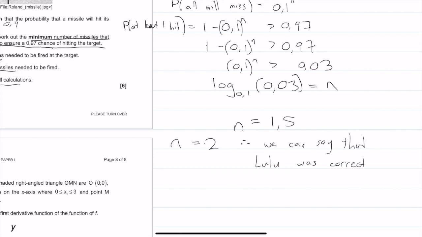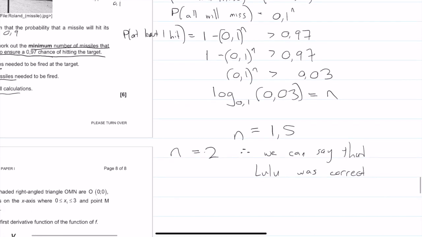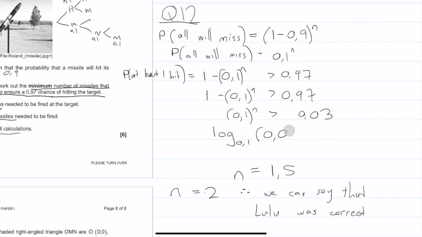I hope you guys understood what I did here. Basically, if you log both sides, let's just show it out. If you log both sides, what you have is n log 0.1 is equal to log of 0.03.